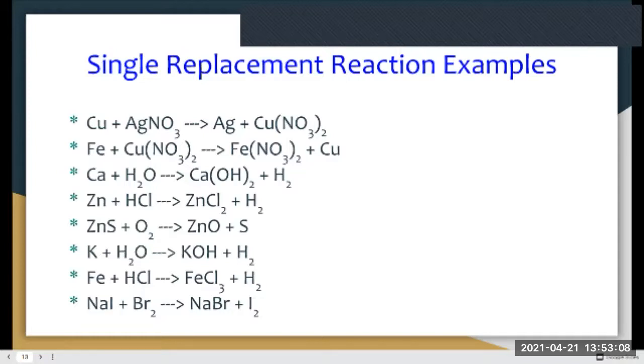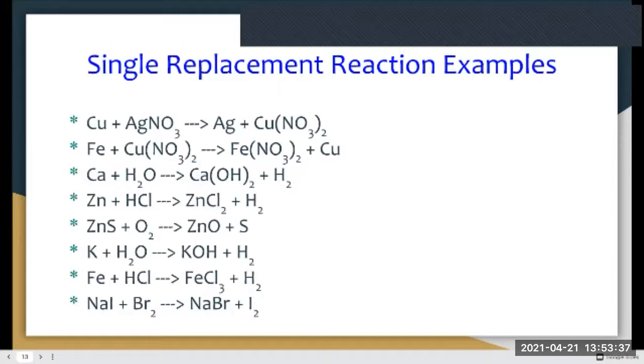If you think back to when we put calcium in water and there was that white chalky stuff and there were bubbles and how we could light it on fire, those bubbles were hydrogen gas, and that white chalky stuff was calcium hydroxide. So you actually saw this reaction in person. Here's zinc and hydrochloric acid becomes zinc chloride and hydrogen gas. Often when you see hydrogen, it'll often turn to hydrogen gas.